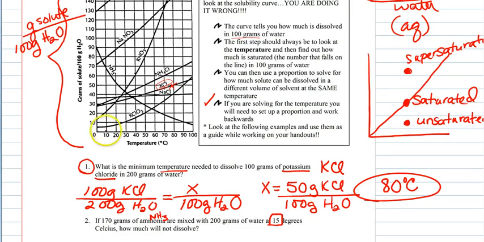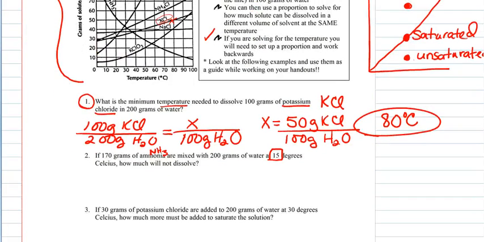So ammonia at 15, that's about 60. We all agree? So at 15 degrees Celsius, we know based on our curve that 60 grams of ammonia will be saturated in 100 grams of water. I'm using my temperature, looking at it directly on my curve first, and finding how much is saturated in 100.